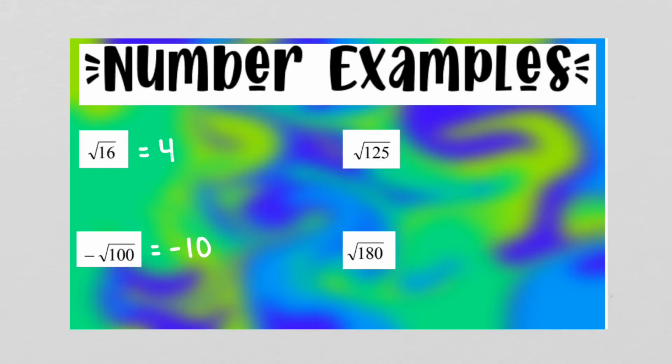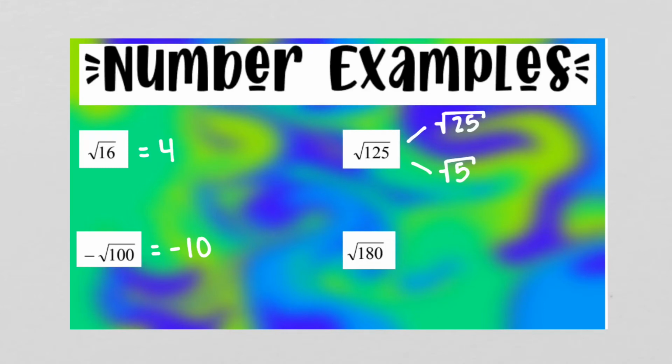Now, the next two examples are not perfect squares, but what you need to do is break them down into perfect squares. So I want to think about numbers that go into 125. I know for sure 5 goes into 125 because it ends in a 5, but that's not a perfect square. Now, I do know that if I take 125 and I divide it by 25, that leaves me with 5. So right here, 25 times 5 would get me back to that 125.